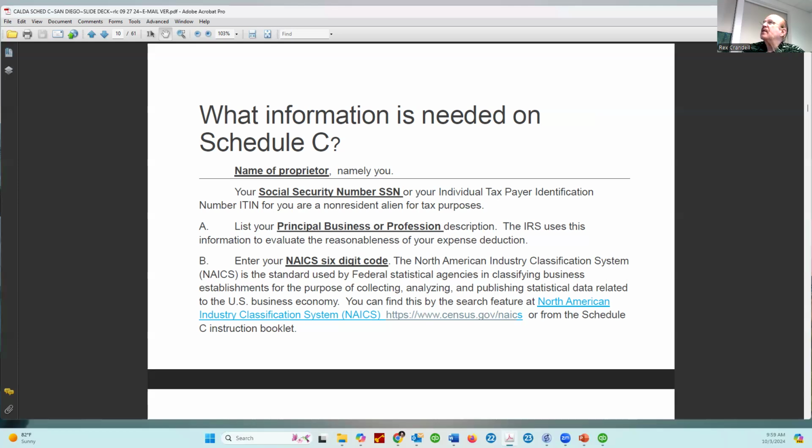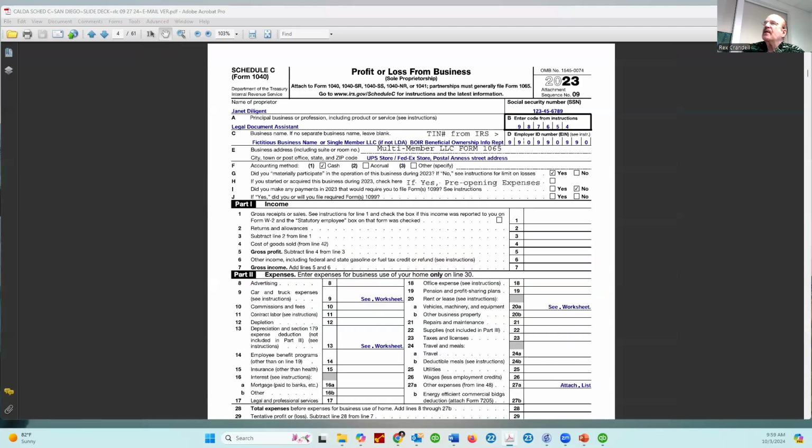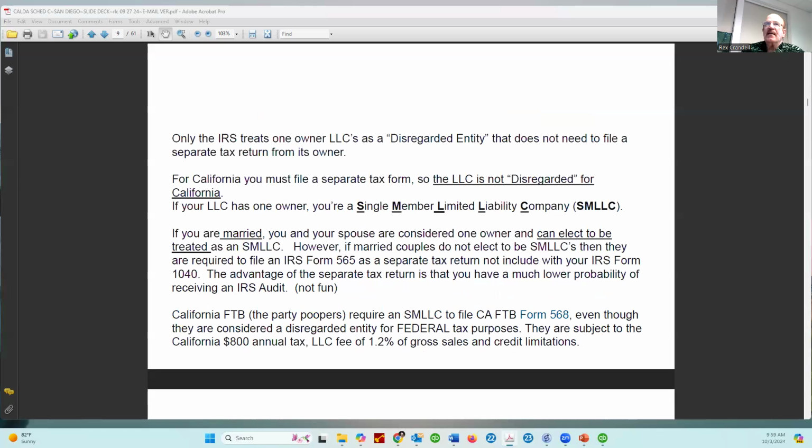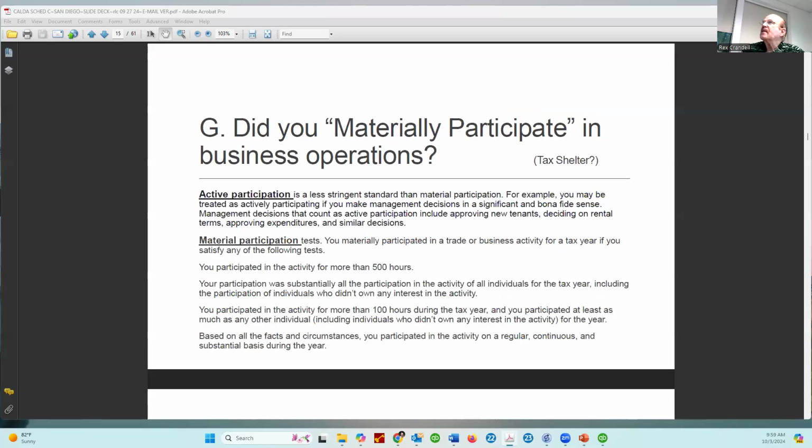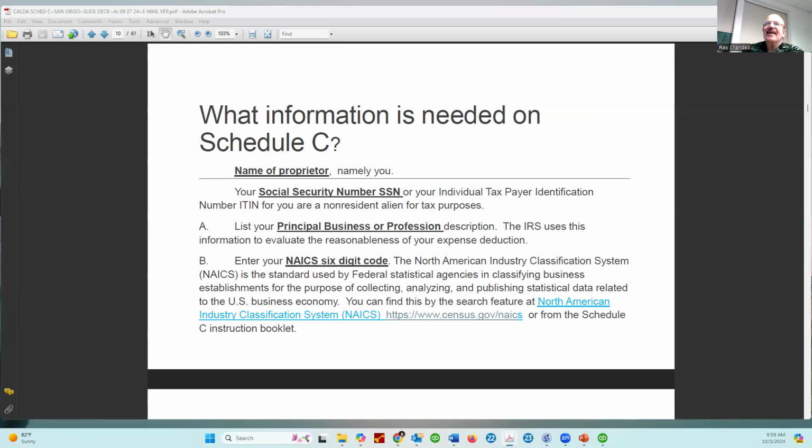There's a code. I'll go back and forth to the Schedule C. There's a code for the kind of business that you have. It's the North American Industry Classification System, NAICS, and that business code is used by the federal statistical agencies in classifying businesses for purposes of collecting, analyzing, and publishing statistical data related to the U.S. business economy.